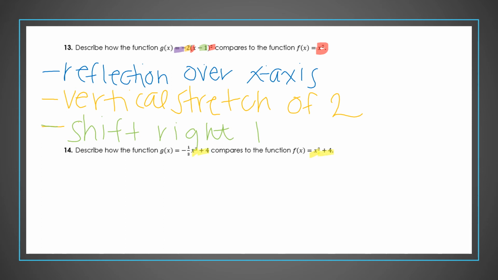So what is new is the negative and the 1/3. So like number 13, a negative will create a reflection over the x-axis. It'll make it open down, which is a reflection over the x-axis.